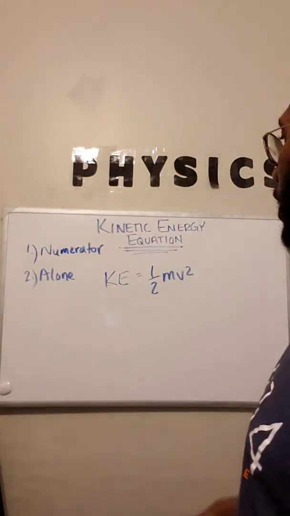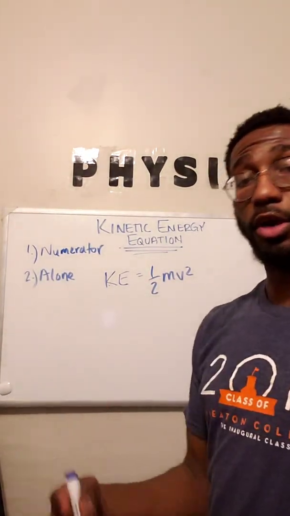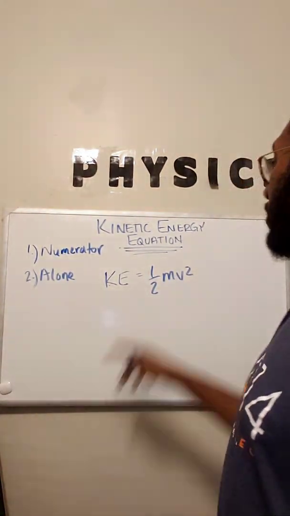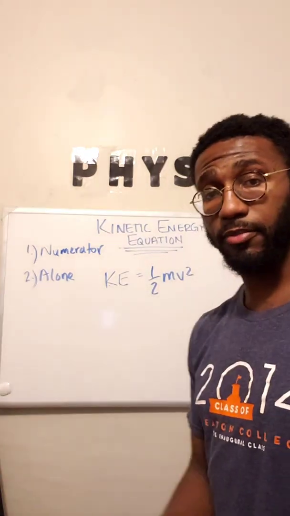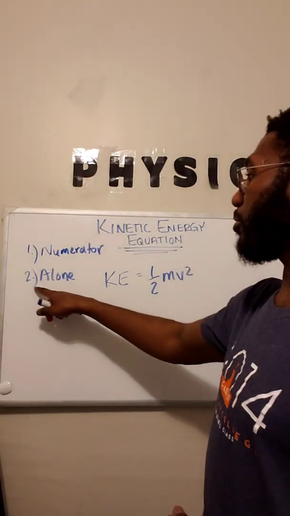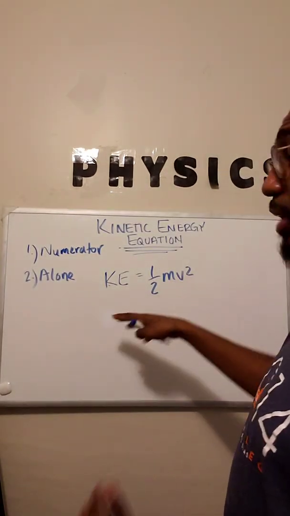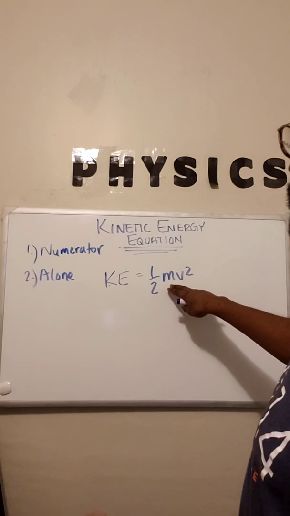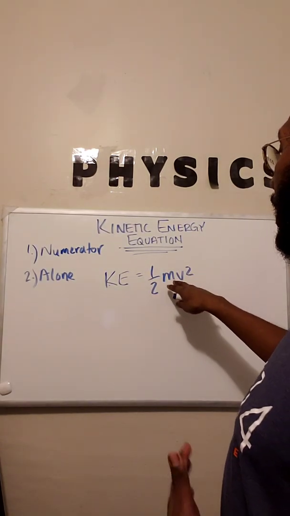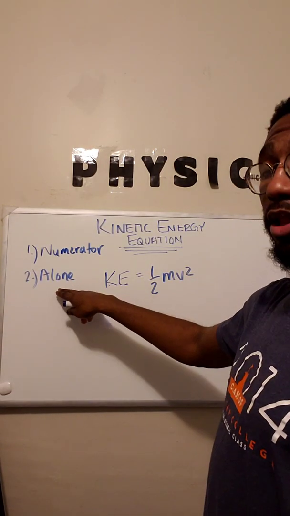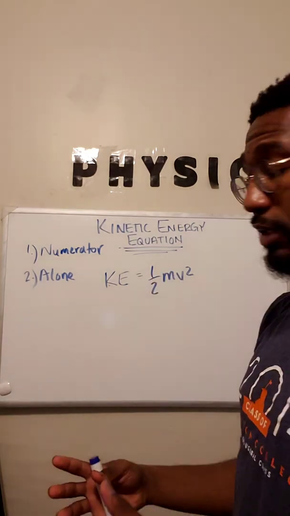So if your variable is in the numerator, you don't need to move it at all, because it is where it's supposed to be. However, if the variable is not alone, then we need to get all of its friends away from it. Right now, mass has a lot of friends hanging out, but it needs to be alone. So all of its friends have to leave.